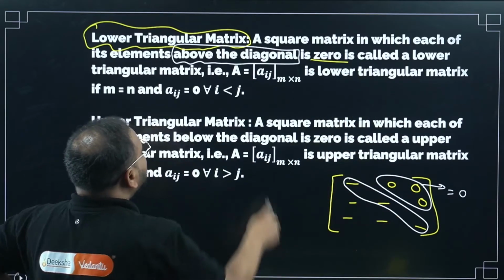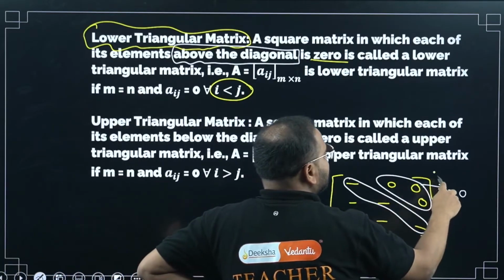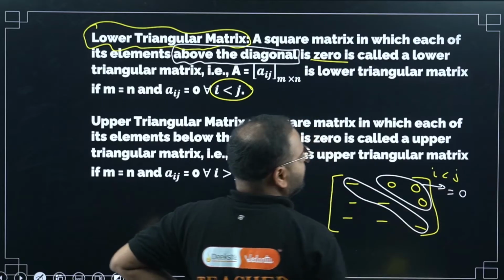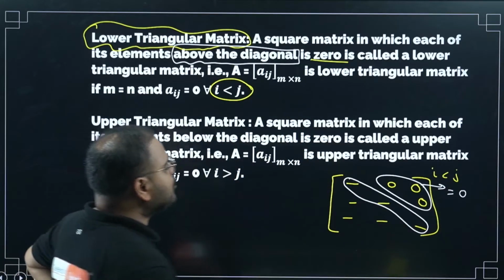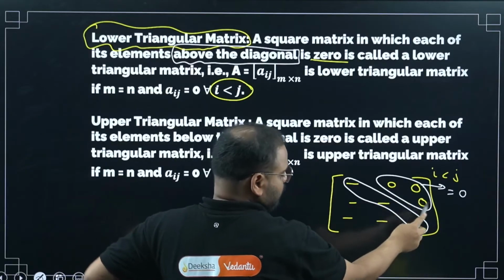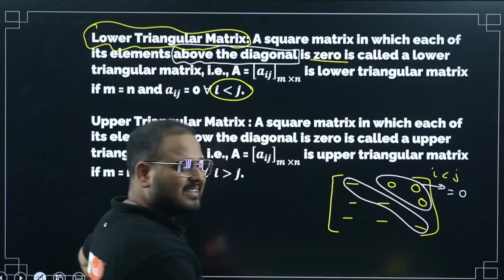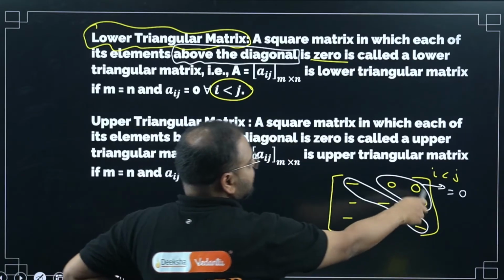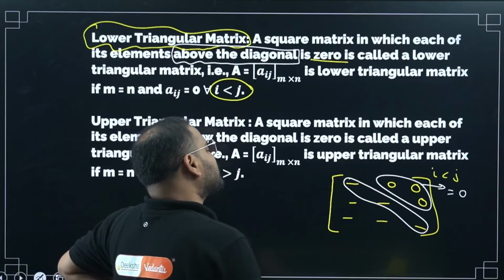Okay, see why they're saying i less than j? I explained, for this part, what was it? i was less than j, sir. For this part, i was less than j, sir. Because it is going to be 1 2, 1 3, and 2 3. So i is less than j, and for that case, for the matrix to be a lower triangular matrix, it has to have 0.